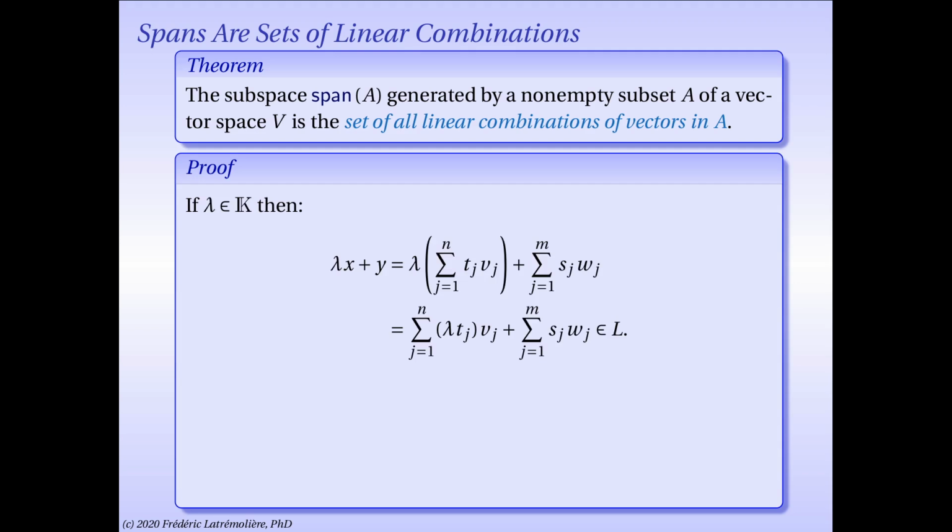If lambda is a scalar, then lambda X plus Y is given by lambda times the expression I got for X as a linear combination of vectors in A, plus the expression I got for Y as a linear combination of vectors in A. And then by rearranging my terms, you see that I get a large sum of scalar multiples of various vectors in A. By definition, that's a linear combination of vectors in A, so that's an element of L. So, indeed, L is a non-empty set closed under forming these little linear combinations, lambda X plus Y, for any X, Y in L and lambda scalar.